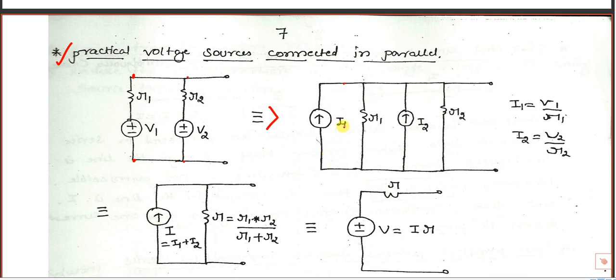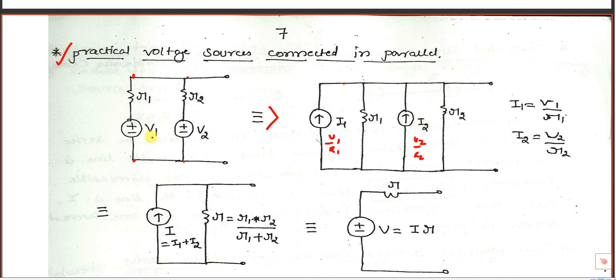If I convert the voltage source into a current source, the value is given by Ohm's law: V is equal to IR, so I is equal to V by R. So I1 is equal to V1 by R1, and I2 is equal to V2 by R2. The same R1 you have to connect in parallel.